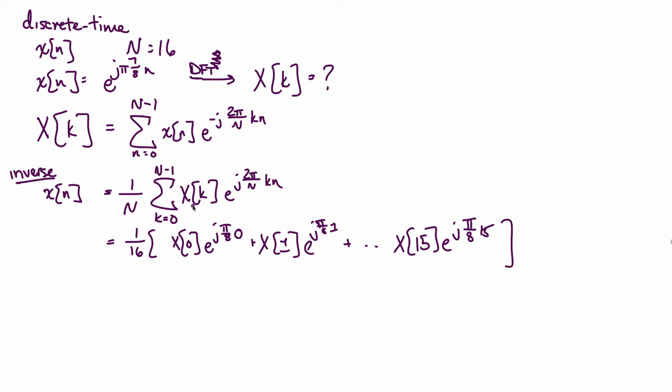That's the same thing that we were doing here, except the thing that we noticed is that our x of little n has a pretty compact, simple representation here: pi over 8 and then 7 n.